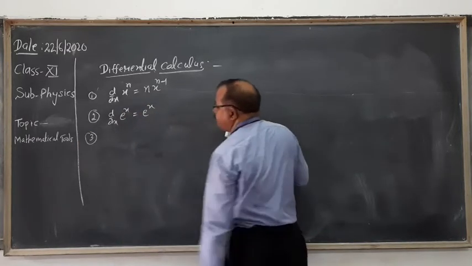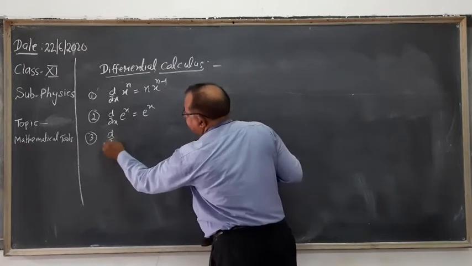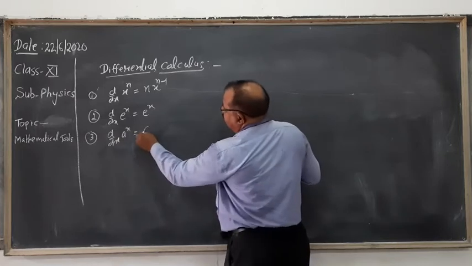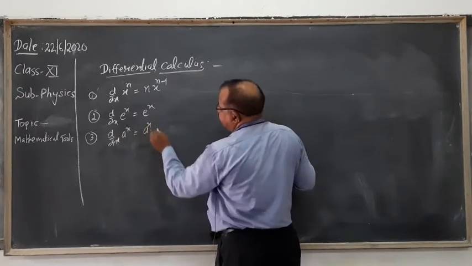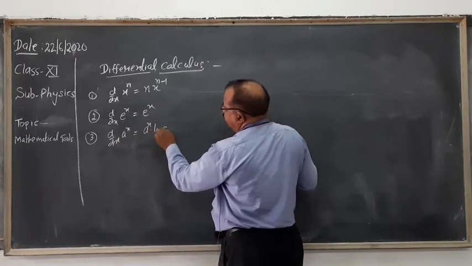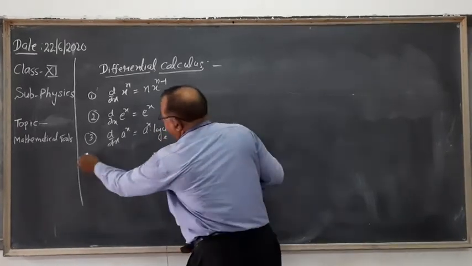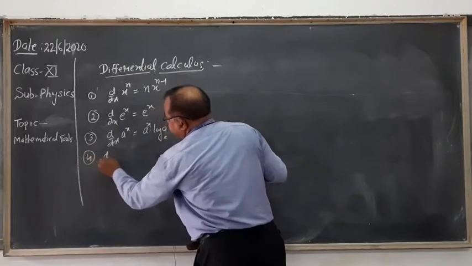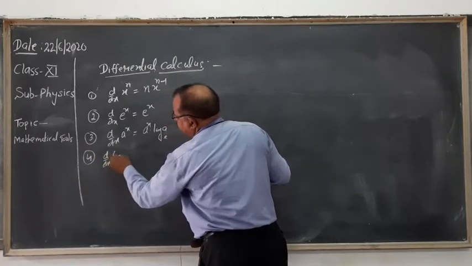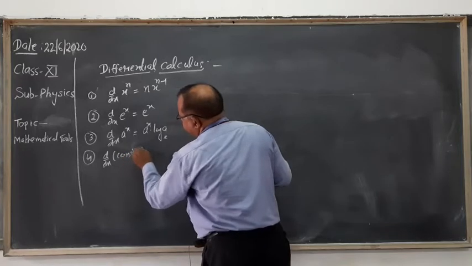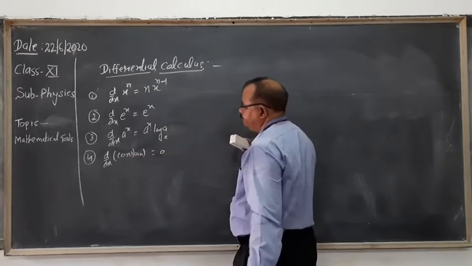Number 3, dy by dx of a to the power x is equal to a to the power x into log a base e. This is the third formula. Number 4, dy by dx of a constant equals 0.